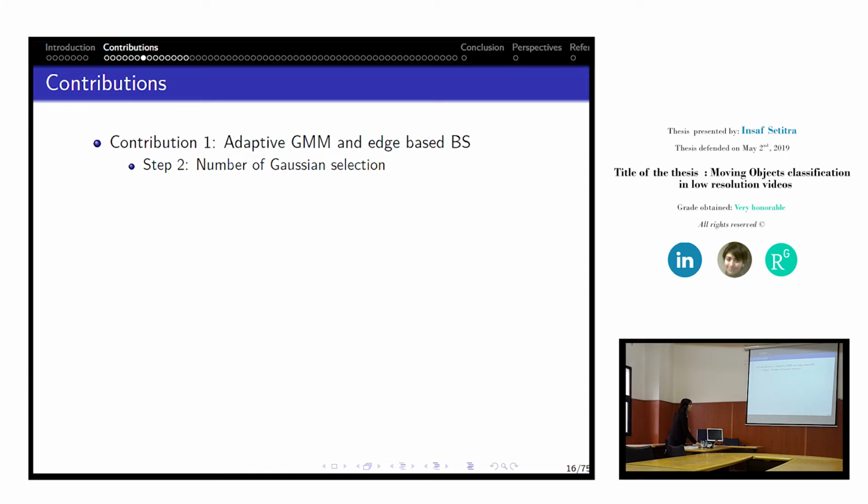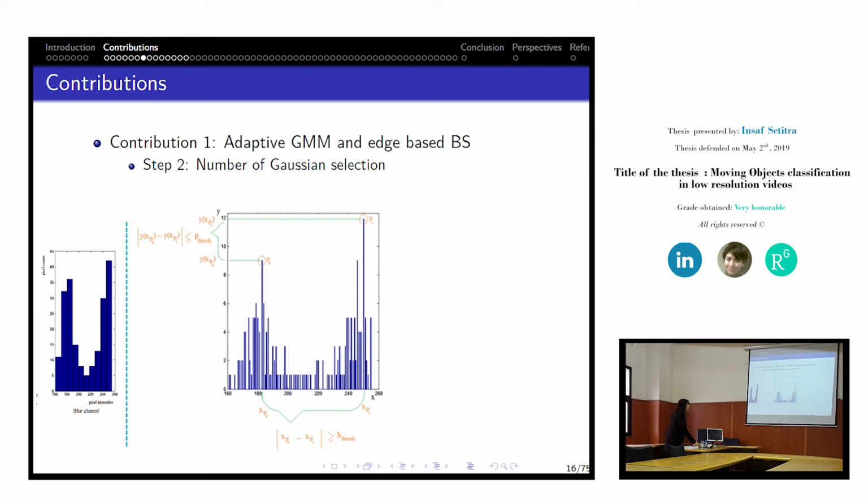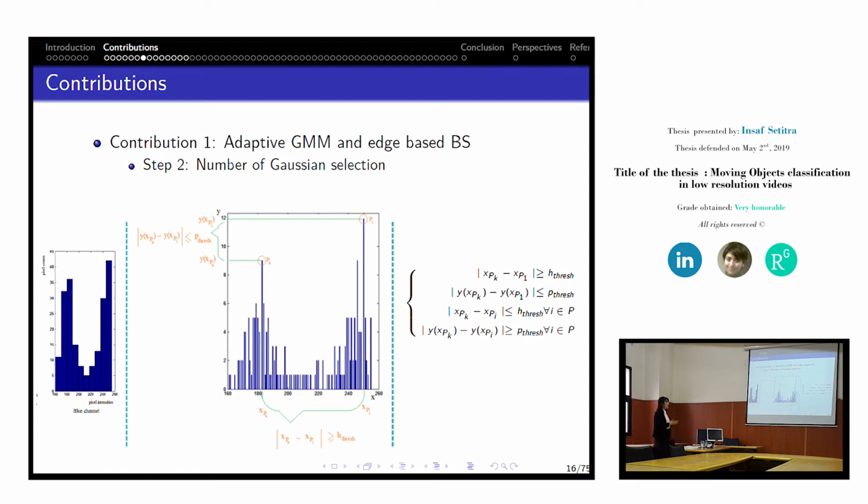In order to define the number of Gaussians for the second pixel, we first extract peaks of the distribution. Then, for each combination of peaks K and L, we check if the bins of the two peaks are greater than the threshold. If the bins themselves, K and L, are less than the threshold, and if the distance between the bin of the peak K and all remaining peaks of the distribution is less than the threshold, and the distance between the peak K and all remaining peaks is greater than the threshold, then the two peaks are chosen for splitting the distribution.